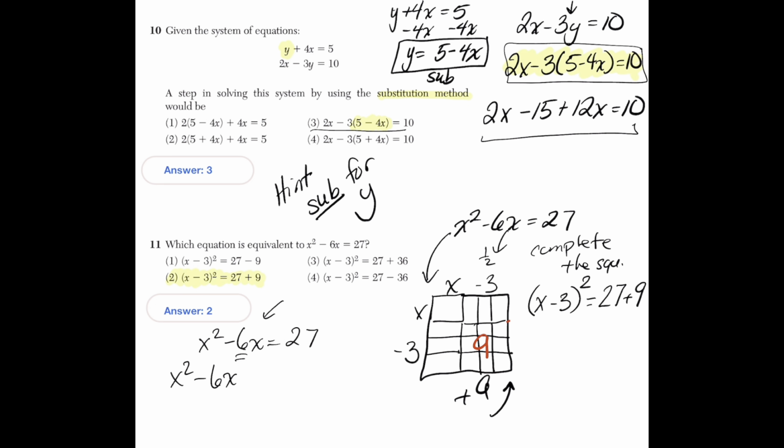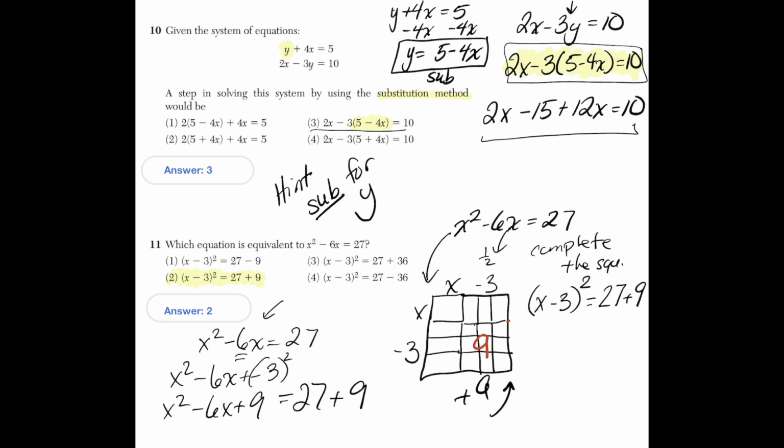So half of -6 is -3, and you would square it, -3 squared, and that will give you +9.